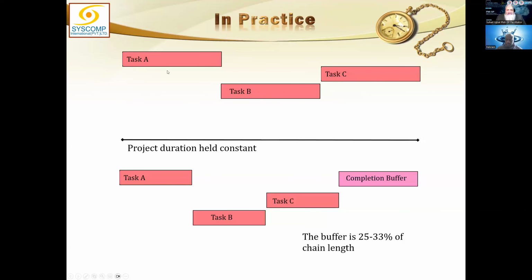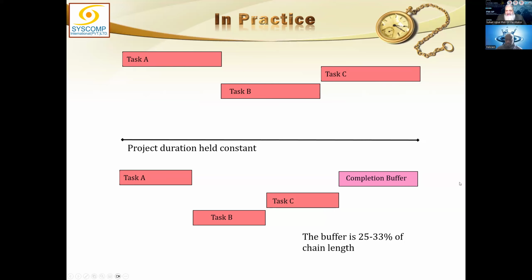Now just look at this. These activities were actually taking 30 days. Now they are still taking 30 days, but the completion buffer or the project buffer is included. So I have accommodated an extra bar of project buffer and shortened my activity durations accordingly.